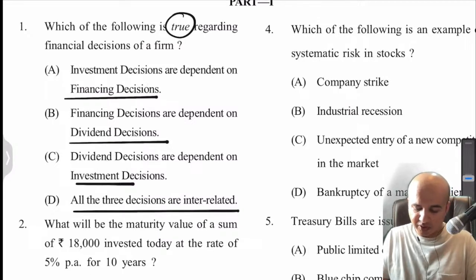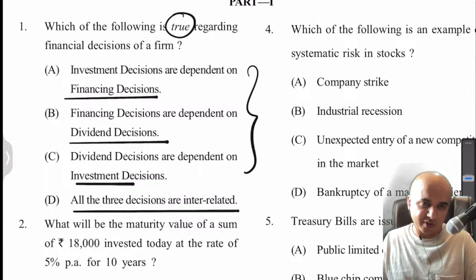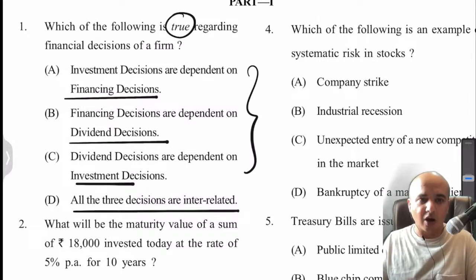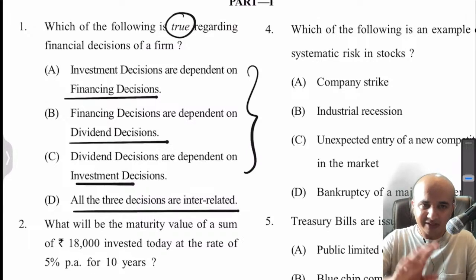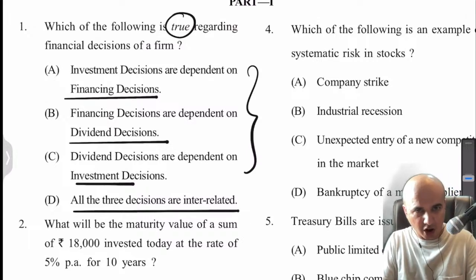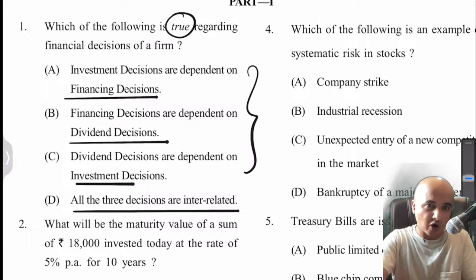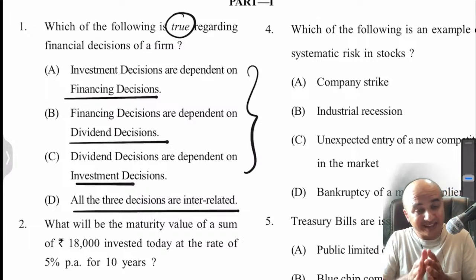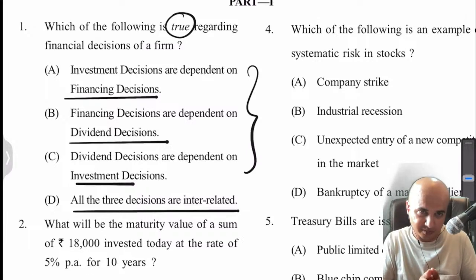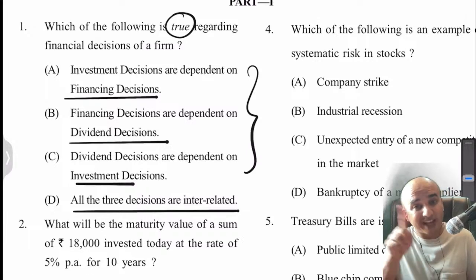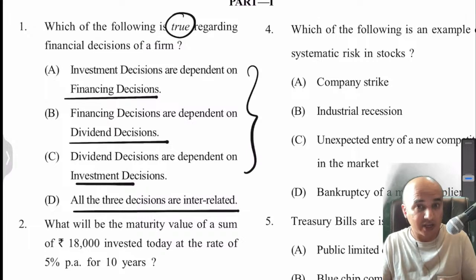When you look at these three, we get to know that all three decisions are interrelated. But how? Investment decisions involve determining how a firm will allocate its resources, let's say to acquire long-term assets and investments. These decisions require capital, which can be obtained through various financing options such as debt or equity.